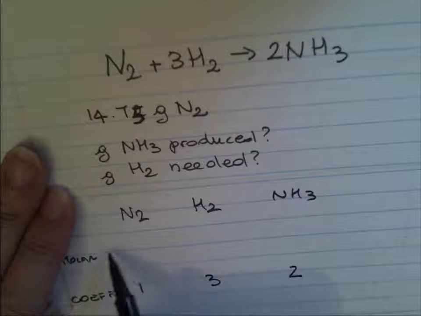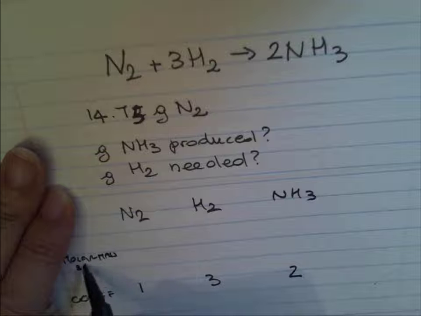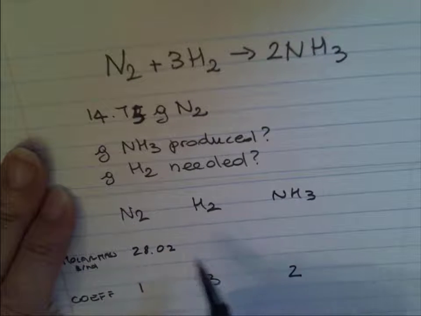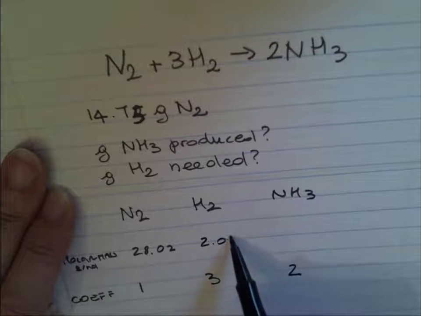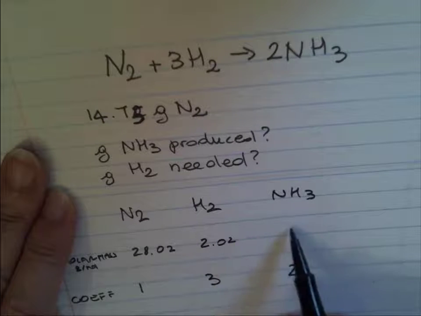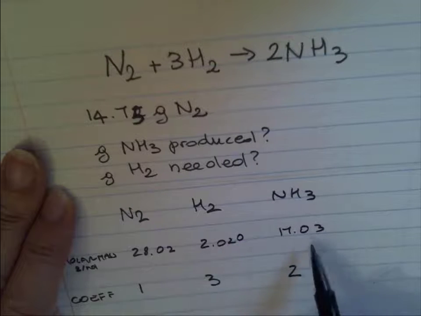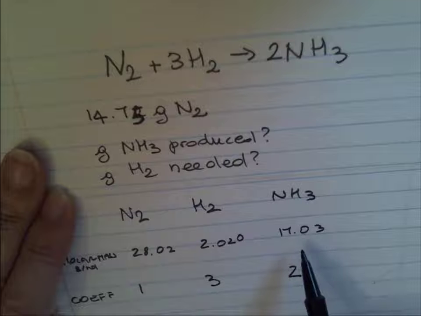And then these are going to be in grams per mole. And the molar mass for N2 is 28.02, H2 is 2.02, and NH3 is 17.03. And I'm going to use these in 4 significant figures, so they're all very consistent.